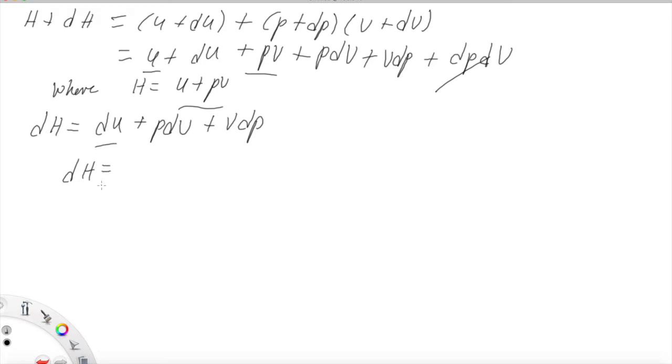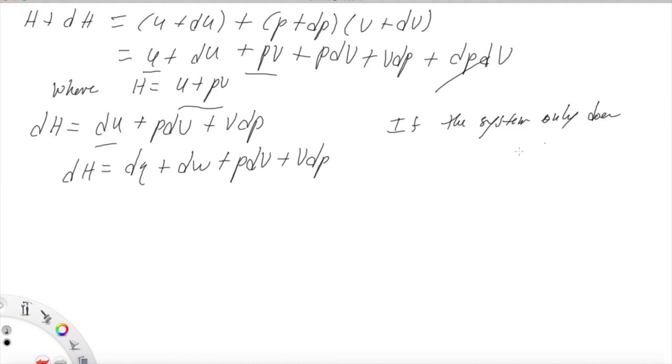And then we can also say that dU is equal to dQ plus dW, which is the first law. So dH is equal to dQ plus dW from the first law, and then we add that to PdV plus VdP.